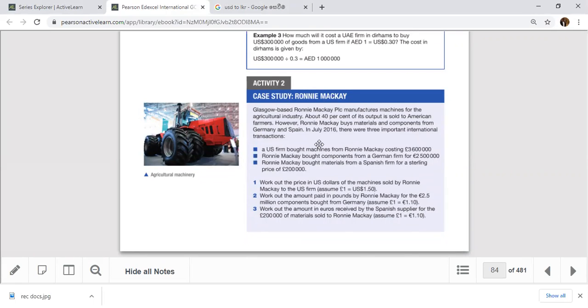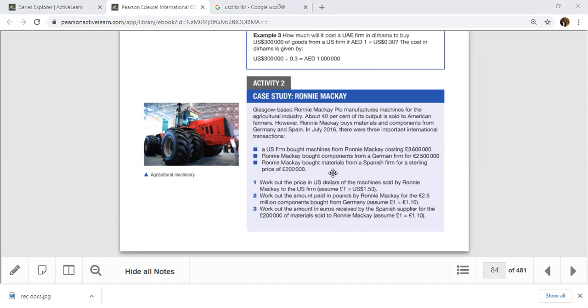They are a PLC manufacturing machines for the agricultural industry, but 40% of the output is sold to American farmers. However, Ronnie Mackay buys materials and components from an American firm. They are importing different things in international transactions. A US firm bought machines from Ronnie Mackay costing 3.6 million pounds.